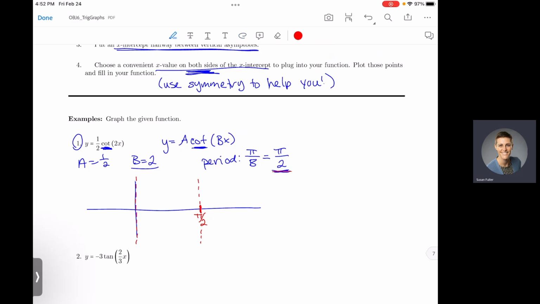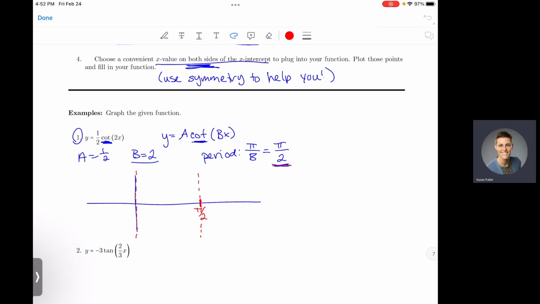Those are your asymptotes. Once we have our asymptotes at 0 and x equals pi over 2, we are going to put an x-intercept halfway between, and the x value halfway between 0 and pi over 2 is pi over 4. Sorry, struggling with saying one thing and writing another. This is pi over 4 here in the middle.